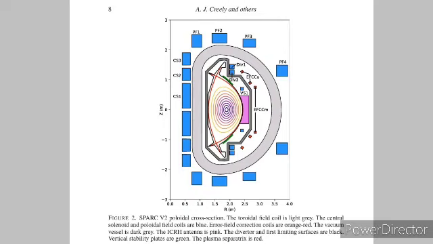Easing the design of many engineering systems, SPARC's predicted energy confinement time is tau equals 0.77 seconds. See Chapter 4 for details of this calculation, such that the flat top encompasses more than 10 energy confinement times.